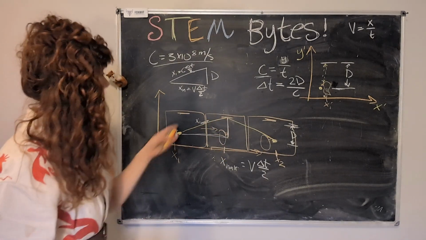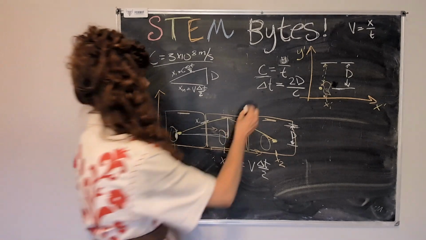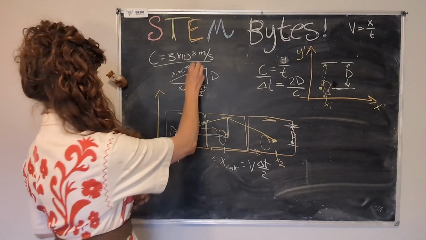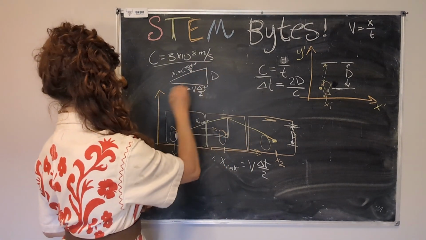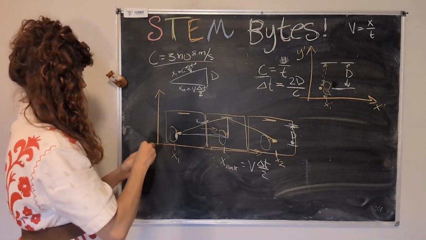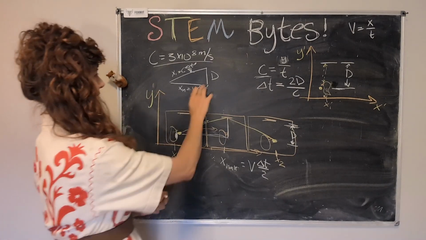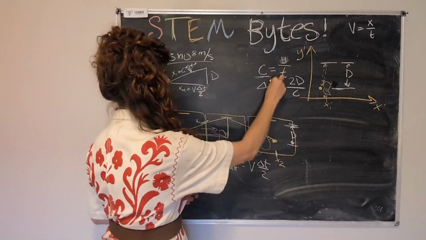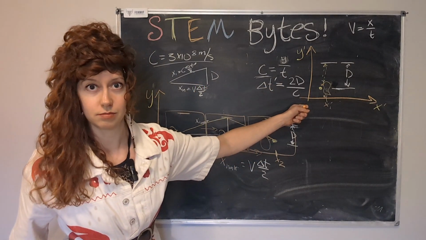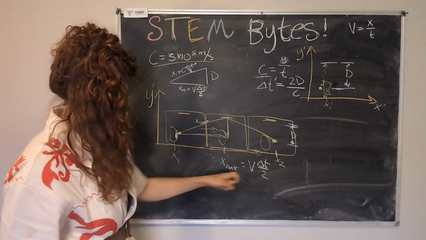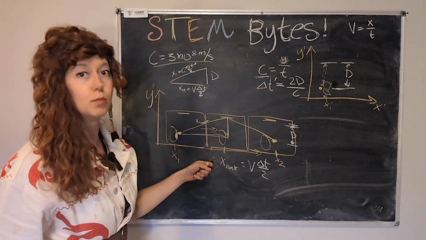Okay, so now here I want to be clear, let's add these primes. So this should be t prime. t prime is stationary, not moving. No primes, moving.